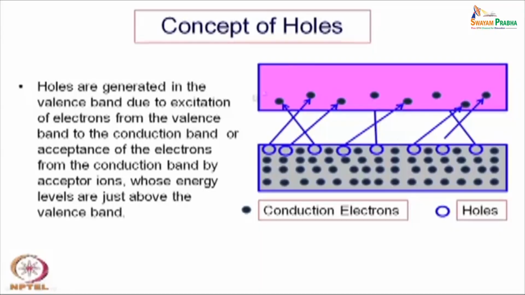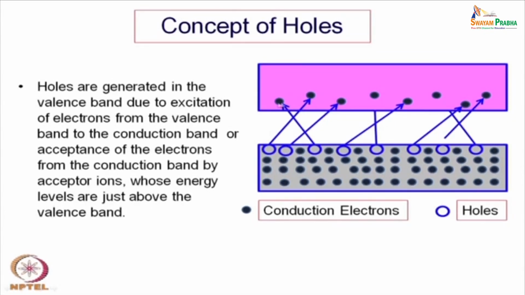The reverse is true when the number of electrons is less and the vacant spaces are more. That happens when it is in the conduction band.